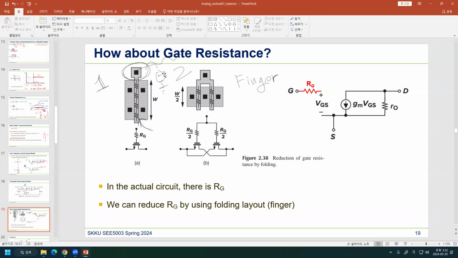It's slow. But this one in our second, this is better because we can apply a voltage faster. So again, the point here is that depending on how you draw the layout, we get a different circuit performance, and it's really important to draw a good layout.